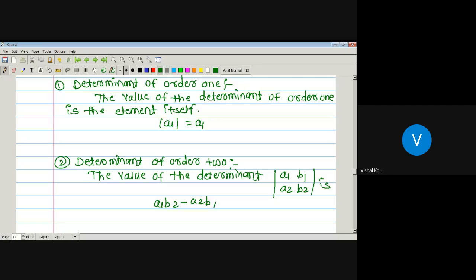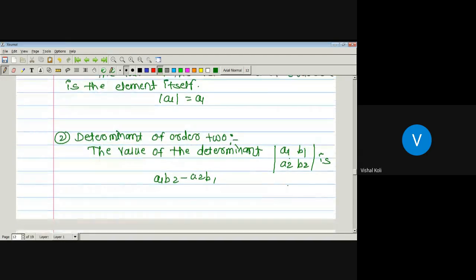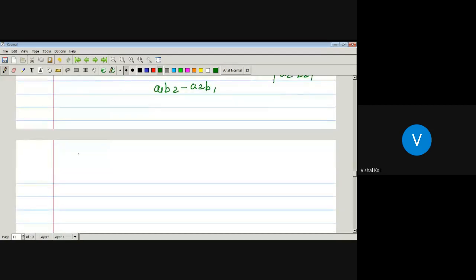That is, we just have to multiply this A1 with B2 and minus B1 times this A2, or A2 times this B1, and which is nothing but the determinant of order 2.